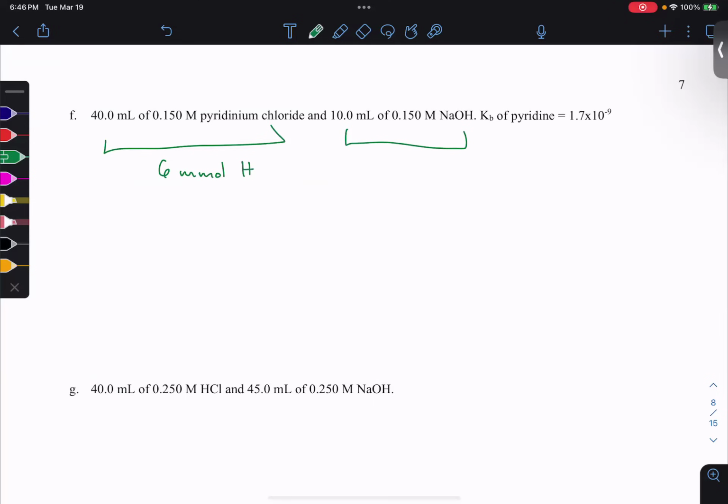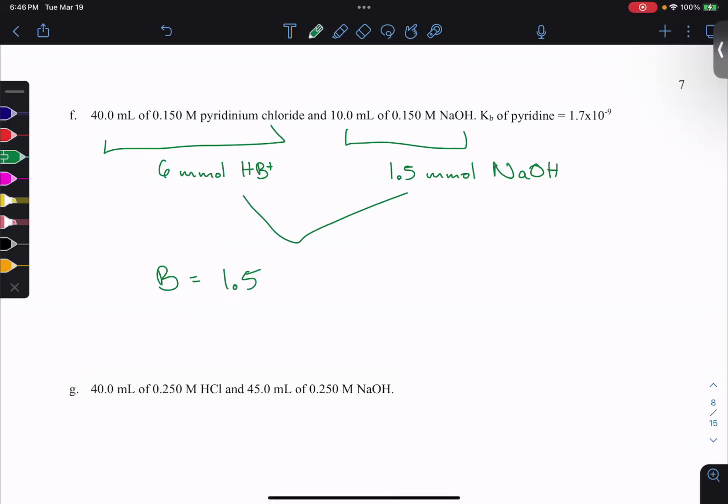It's an acid, so this is HB+. And then sodium hydroxide, 1.5 millimoles of sodium hydroxide. So does that mean my base to acid ratio is 1.5 over 6? It is not. We have to neutralize. So what is left over after you neutralize? How much base do you have?